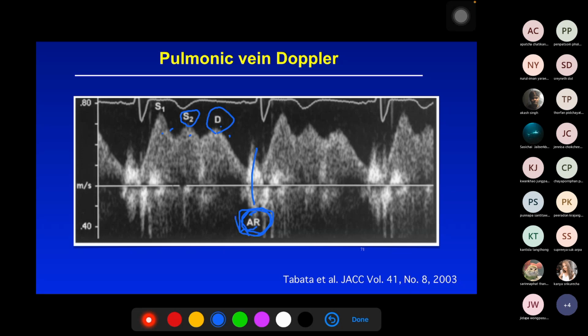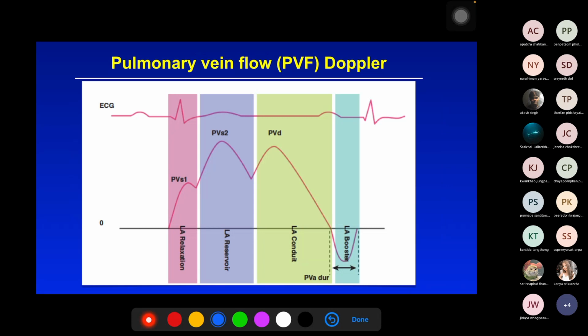Okay, this is a Doppler image of the pulmonary vein: PVS1, S2, D for diastole, and A reversal, which is caused by the atrial boost or atrial kick. What is S1? S1 happens during the LA relaxation.